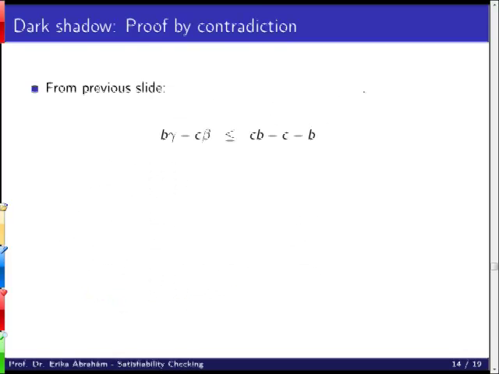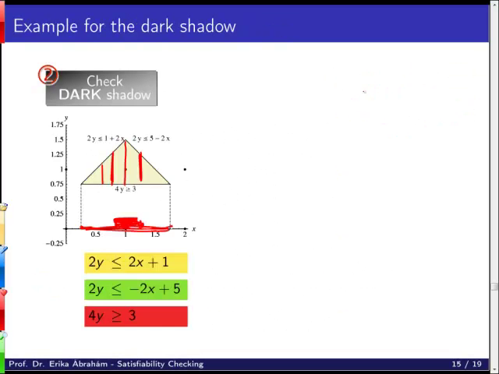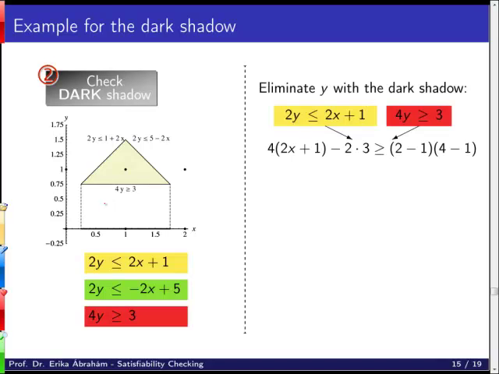Okay, example. I just removed this dark one. We have again an example with 3 inequations, and again we have to determine a variable order. We start with y. We have again lower and upper bounds, and on y we have 3, so 2 upper bounds and 1 lower bound.